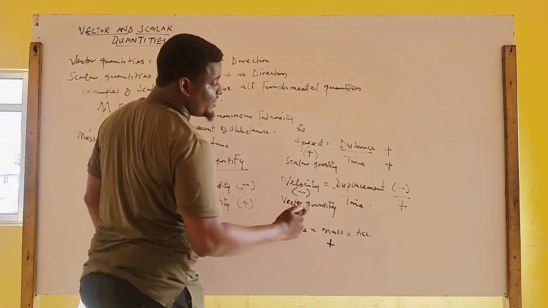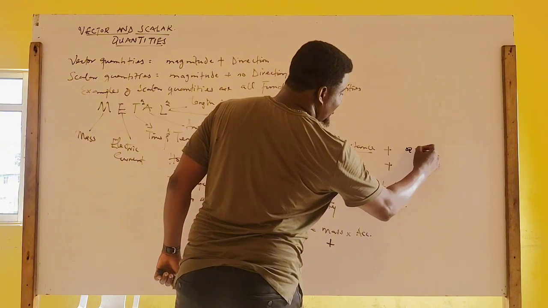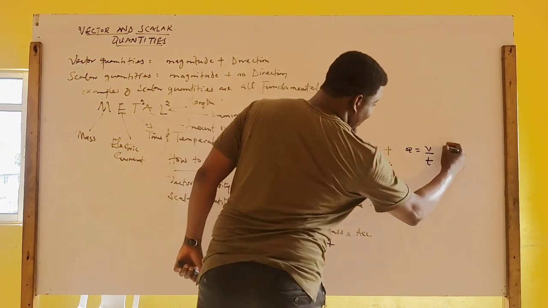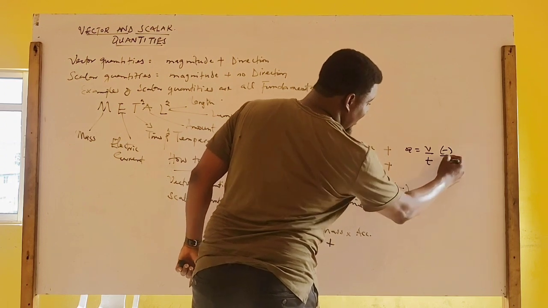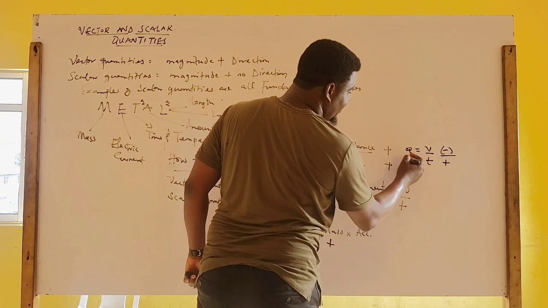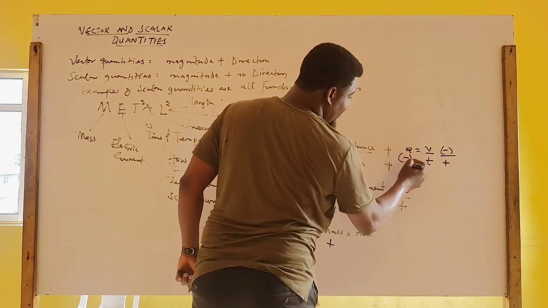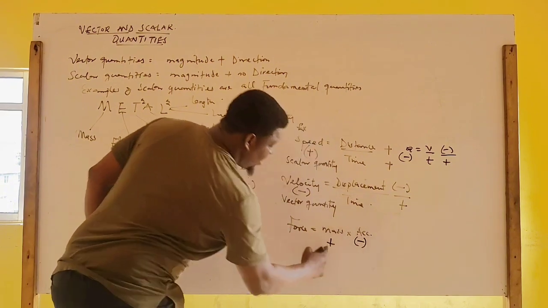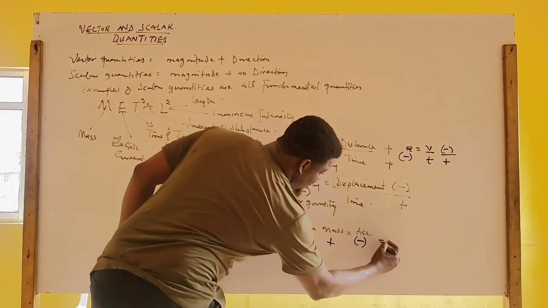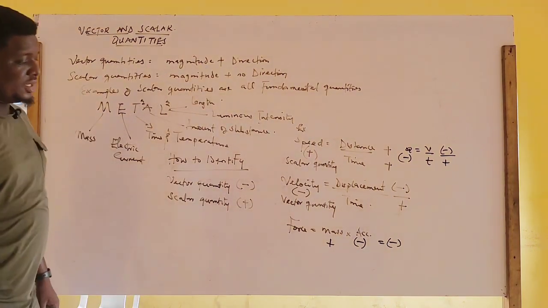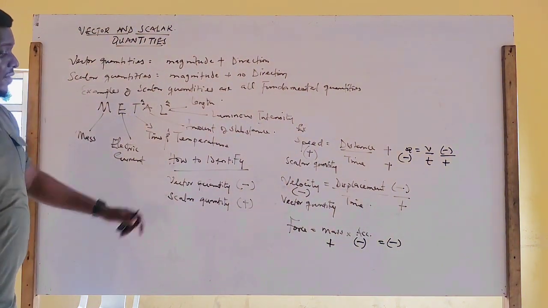If we resolve that, acceleration is velocity over time, which velocity is negative divided by time, positive. So acceleration is minus divided by positive, which is negative. So we have it as negative. Plus times minus is minus. So therefore your force becomes a vector quantity.